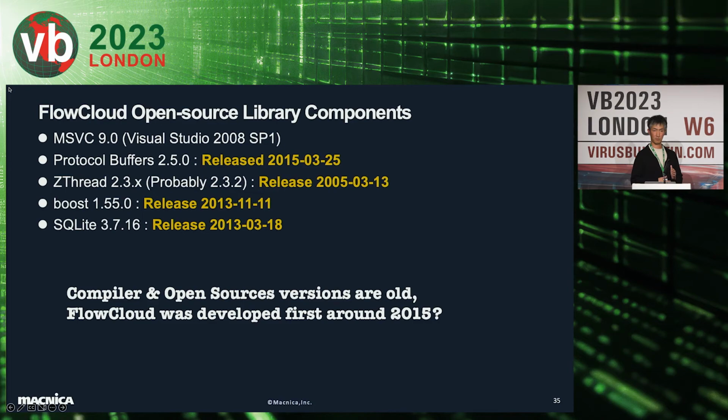So as we feel that the open source libraries and the compiler are a kind of old, we presume that FlowCloud may have been developed earlier than we expected from the public report information.